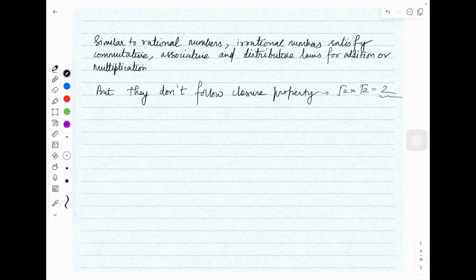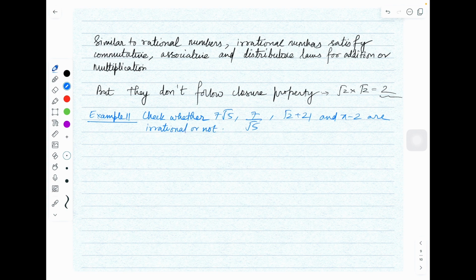Next, example 11. Example number 11 of the NCERT textbook. It is given, check whether 7 root 5, 7 by root 5, root 2 plus 21 and pi minus 2 are irrational or not.